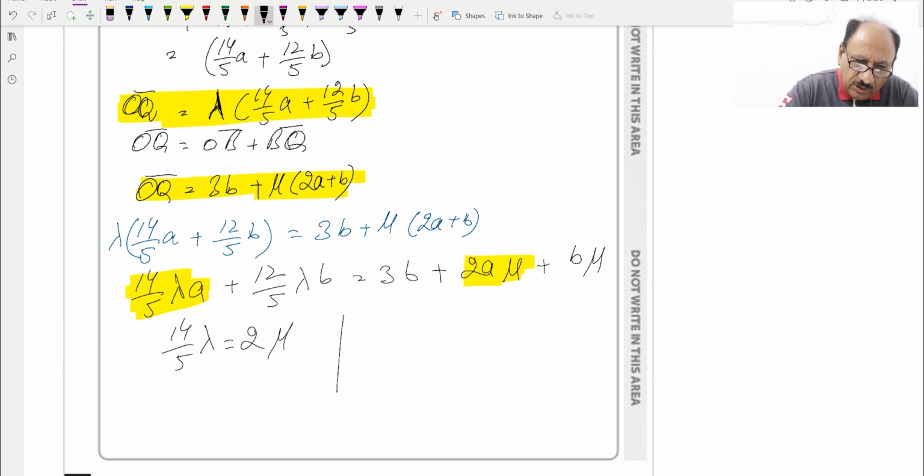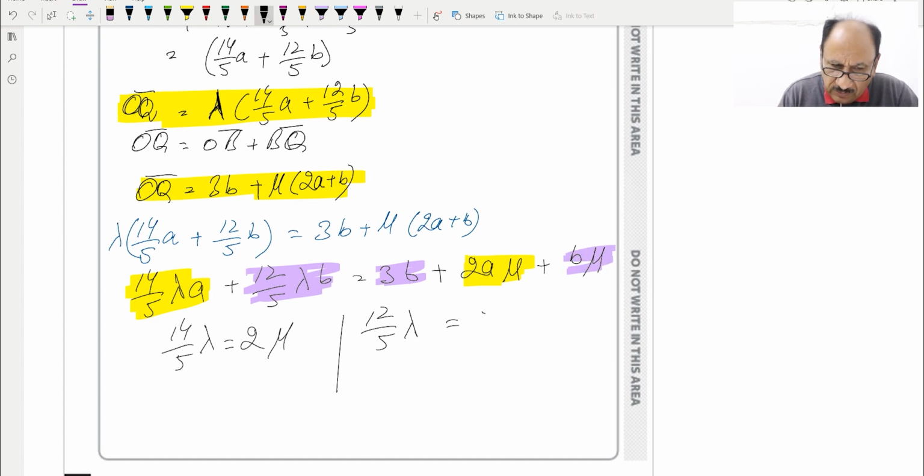The other which we are comparing is the B part. So 12 by 5 lambda is equal to, the other side is 3B and mu B. So we can write is equal to 3 plus mu, because B is cancelled from both sides. We are just comparing, and this will be giving us mu.